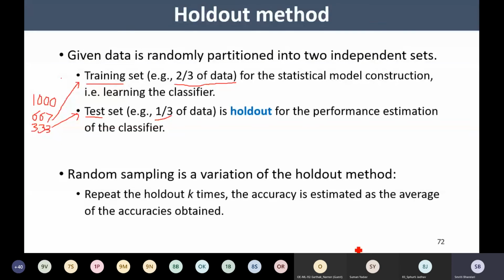If this procedure is repeated k times, then I will have k holdouts, and if I perform experiments k times, every time I will get some accuracy of my model. Ultimately, I can take the average of those accuracies and report that average as the accuracy of my model.